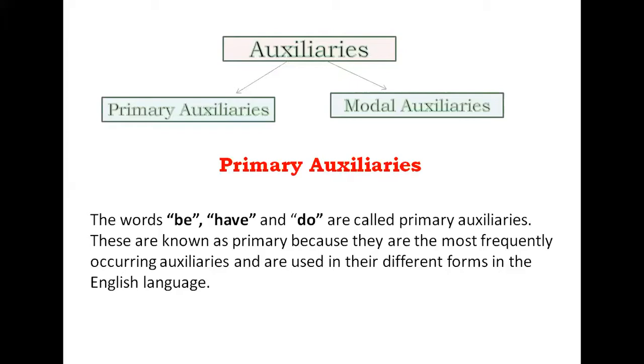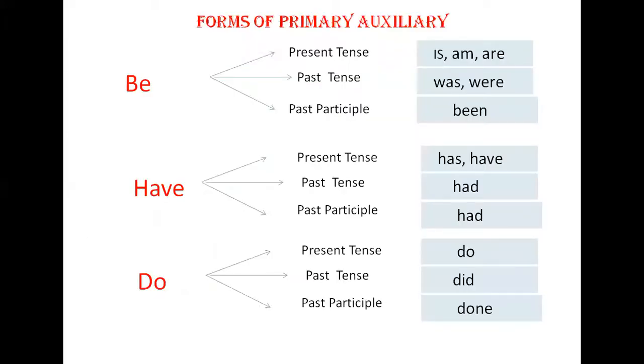Primary means very important helping verbs. Be, have, and do. These are very important helping verbs. Without these words and their forms, we are not able to determine the meaning of a sentence. Now, we will look at the different forms of these three words.